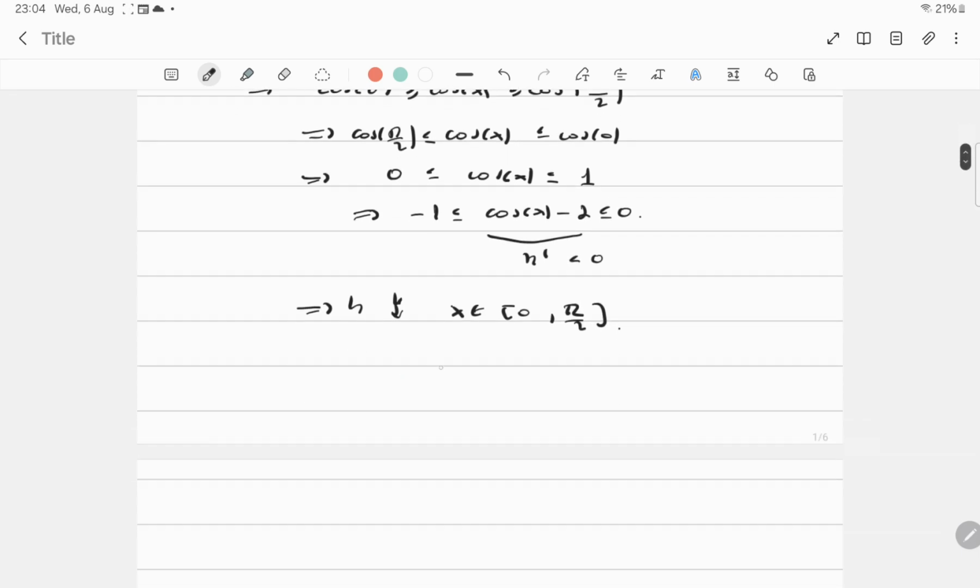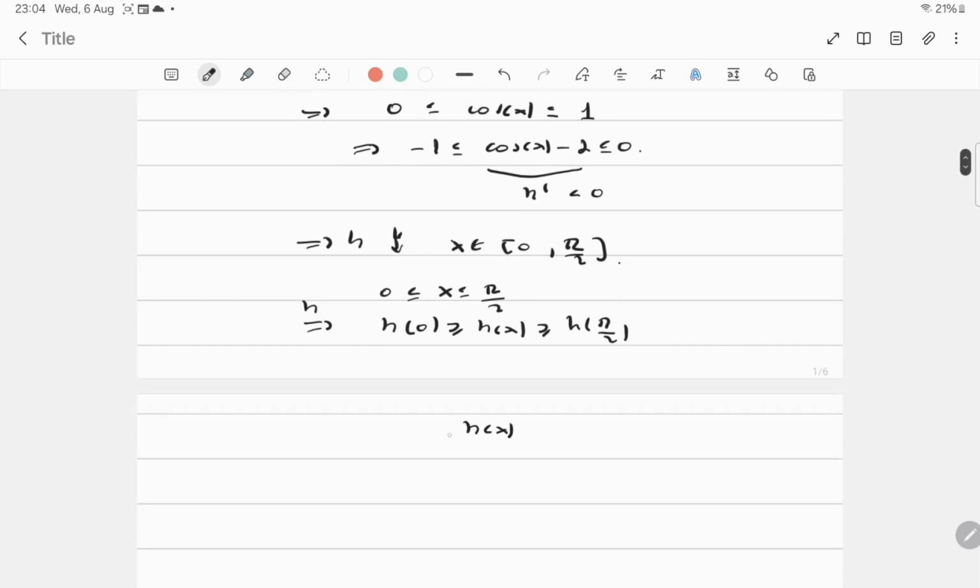So that means that when I pass h, I have to change the direction of the inequality. So my h of x lies between h of pi over 2 and h of 0.